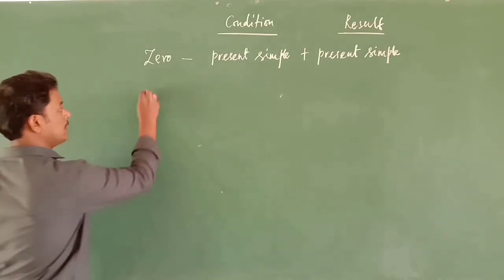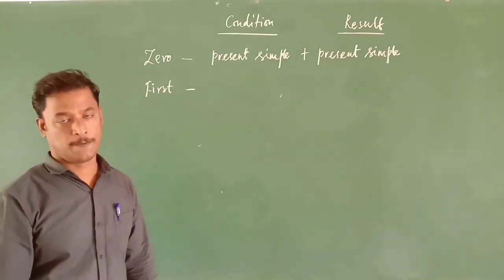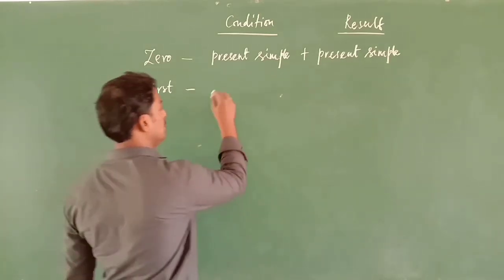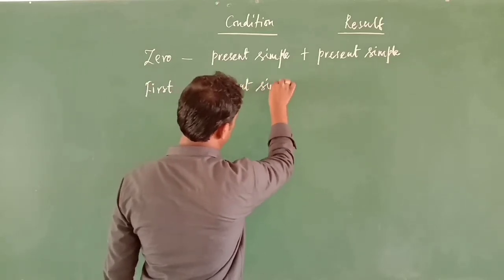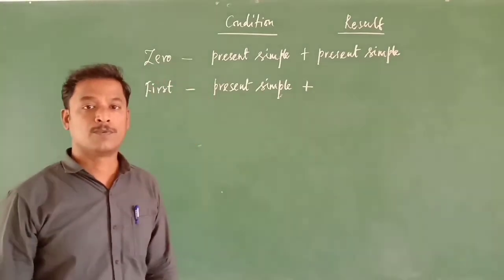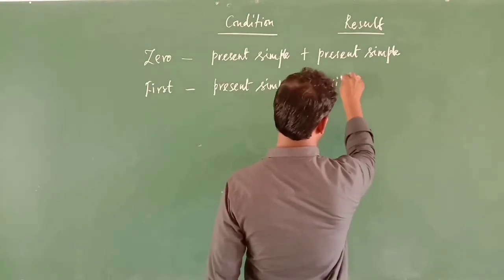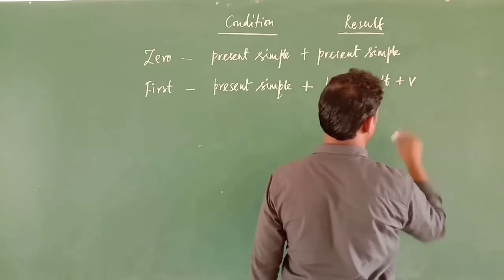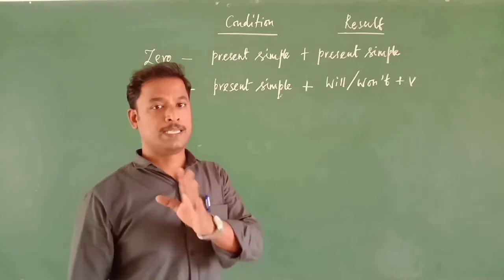Okay. The first conditional. Next one is first conditional or open conditional. The tense form applied here in the condition is the same, that is present simple, plus the tense form applied in the result is will or won't plus verb 1, otherwise called the base form.